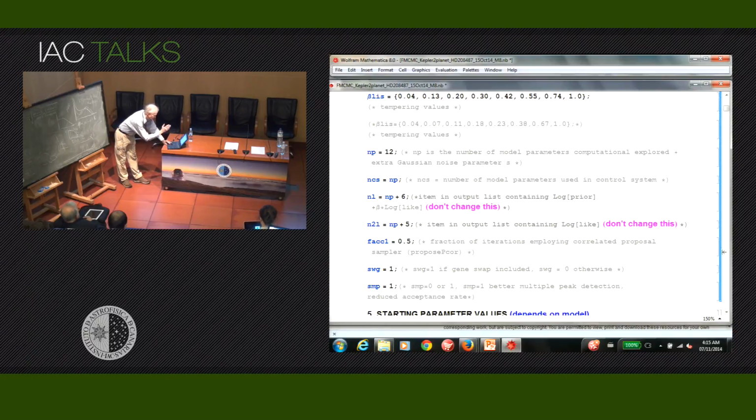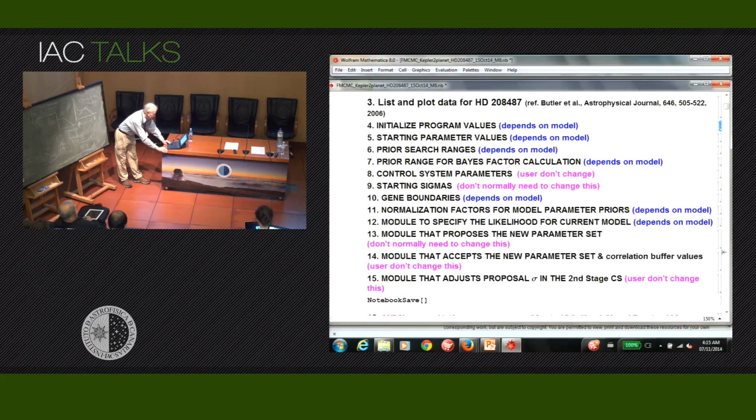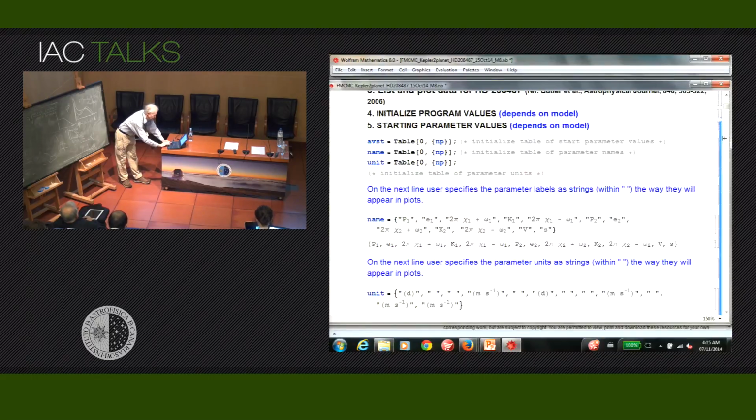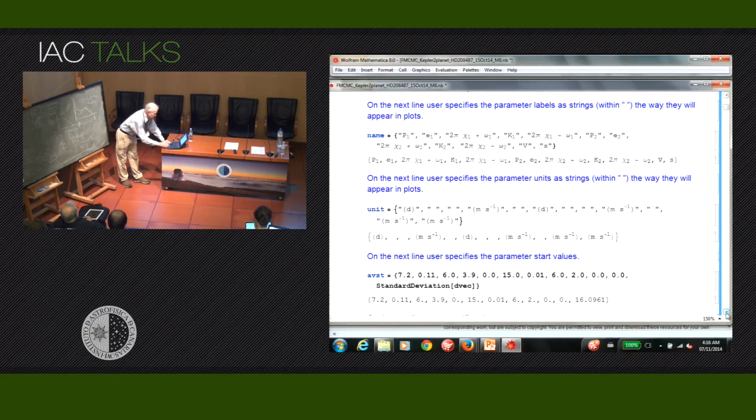So really that's all that's involved in the initialization. Then in starting parameters, basically you just fill in these tables here. On your plots you want to have parameters named, so these are the names of the parameters.